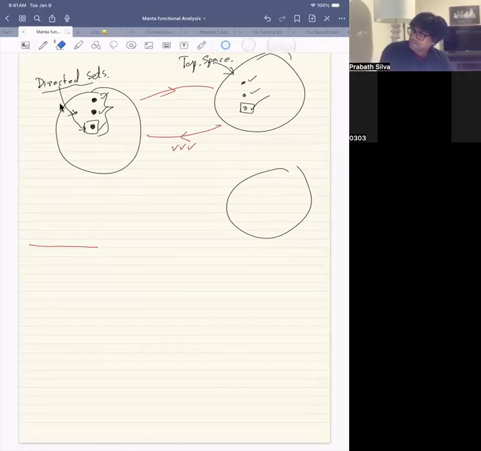The area for this is called pointless topology, meaning you don't talk about the points, but you do topology, carrying out the whole operations just using some sort of partially ordered set with some axioms.